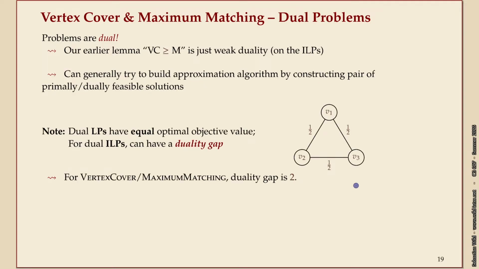The last bit I wanted to mention here is this notion of a duality gap that we haven't had before. We've talked about integrality gaps. Duality gap would be, so you can have integer feasible for the primal, and you can have integer feasible for the dual.